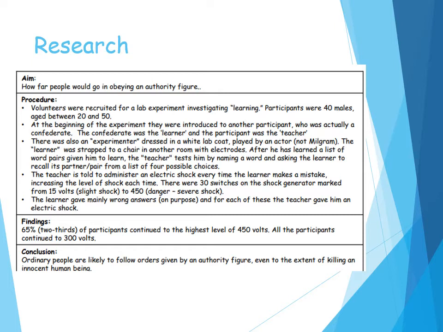The teacher was told to administer an electric shock every time the learner made a mistake, and that increased in level each time. There were 30 switches on the electric shock generator, and it ranged from 50 volts to 450 volts, which was severe shock. The learner gave mainly incorrect answers on purpose, and for each of these the teachers had to administer an electric shock.